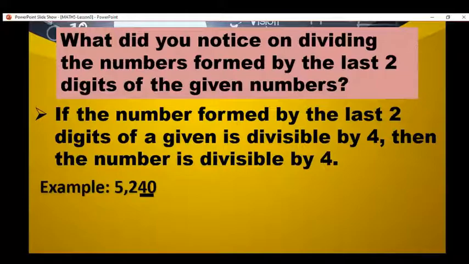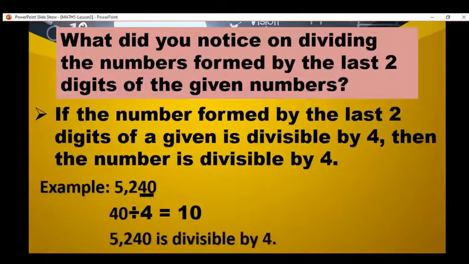Very good. That is 40. So we need to divide it by 4. 40 divided by 4 is equal to 10. Is there any remainder with our answer? No. There is no remainder when we are dividing 40 by 4. So we can say that 5,240 is divisible by 4.